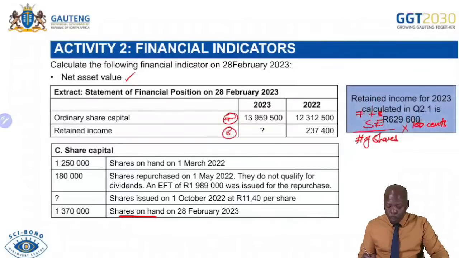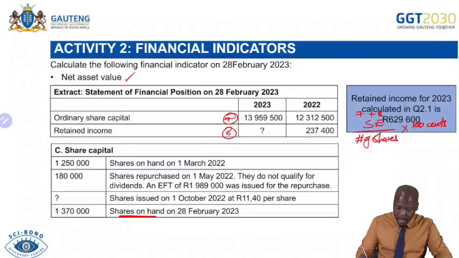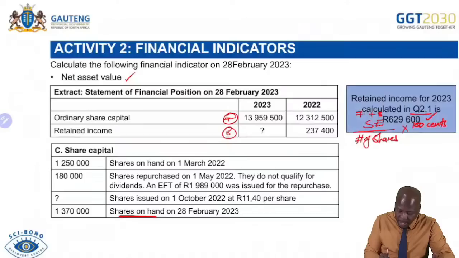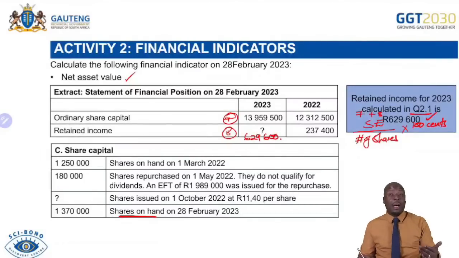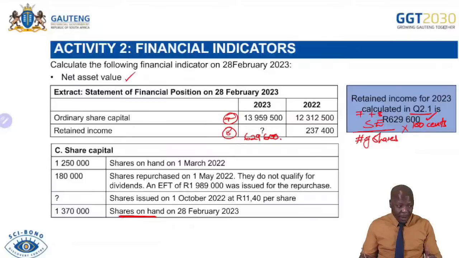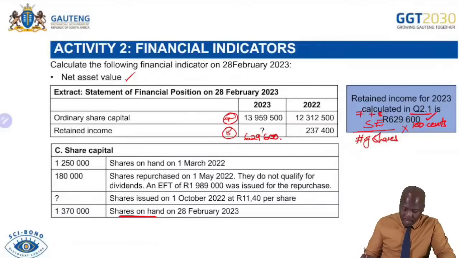The retained income was provided already in question 2.1, and it was 629,600. So I'm just going to write it here, 629,600. There was a question that demanded this, and this was already calculated. Now, when we have this, then we can start punching in the figures. All right, so let's see how much my shareholders' equity is going to be then.